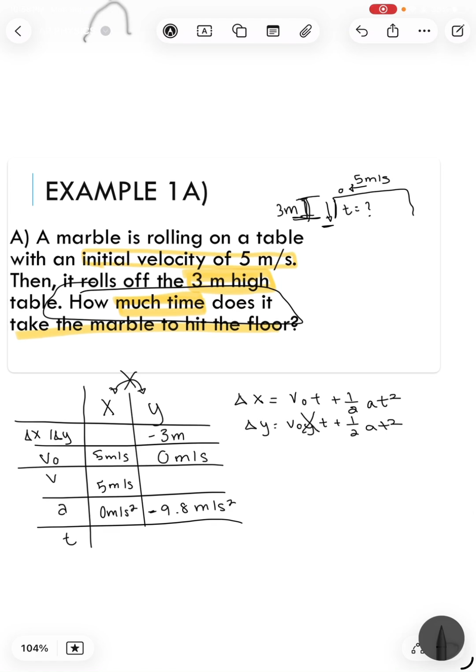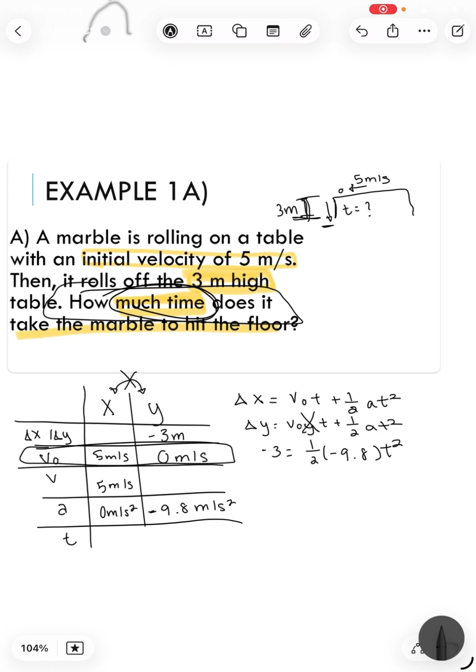This one will cancel out because our v naught is 0 meters per second, and 0 times anything is 0. So we're left with -3 equals 1/2 acceleration, which is -9.8, times t squared. And we're trying to solve for time. So this is what will give us time in the end.